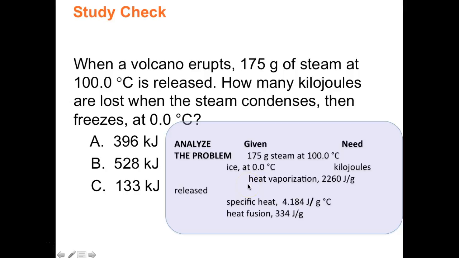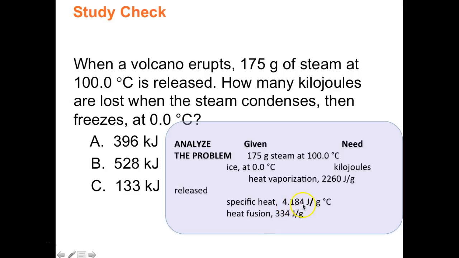And then once you've converted it into liquid water, then you have a temperature change to 0 degrees. So then it's going to be 175 times the 100, because you're going from 100 to 0, times the 4.184. All right, and that will give you your answer in joules.